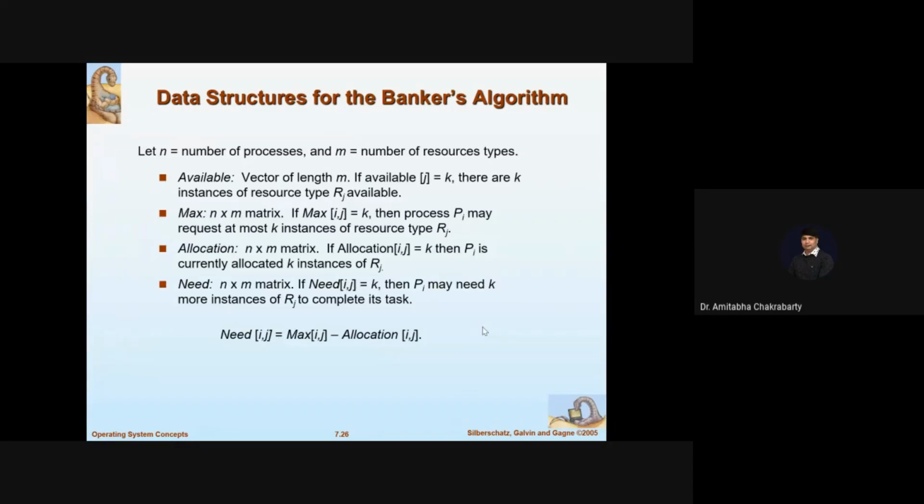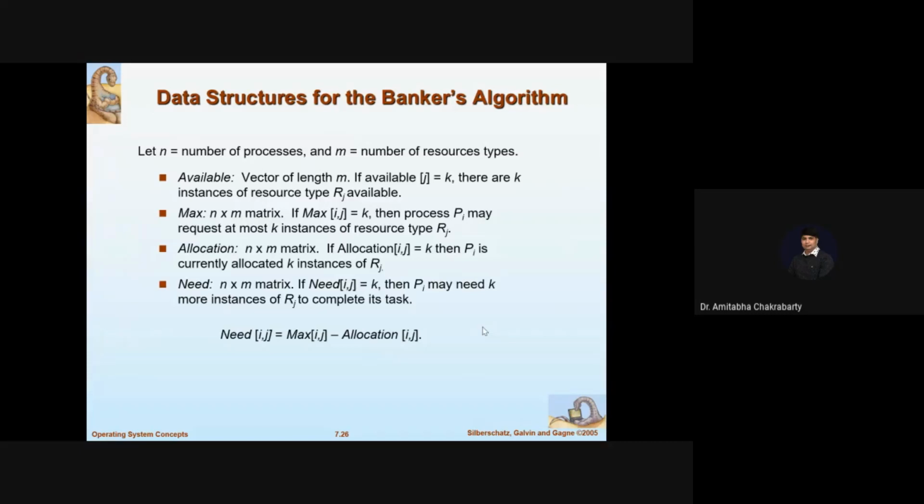So available[j] equal to k means resource Rj has k instances available at that time, so that processes can at max have k instances from Rj.